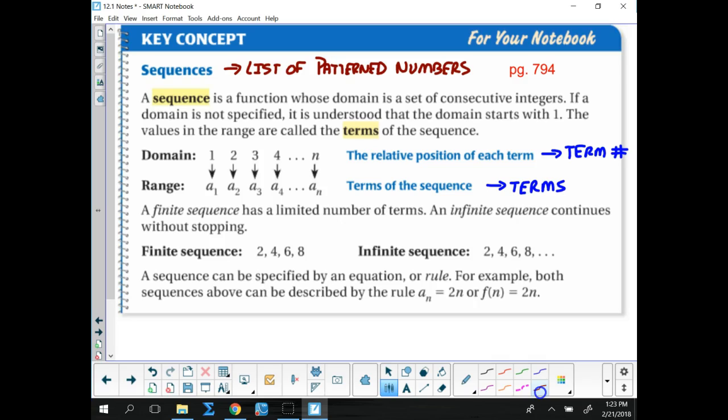Finite stops. It's got a beginning, it's got an end, and there's a certain amount of terms in between. An infinite sequence, you know it's infinite because of the ellipsis at the end, goes on forever.